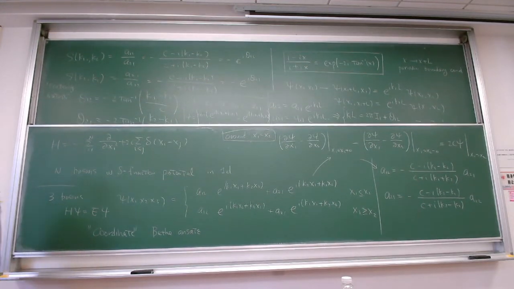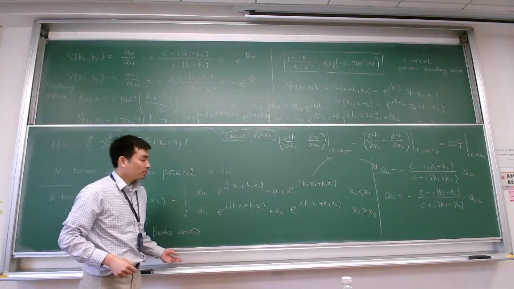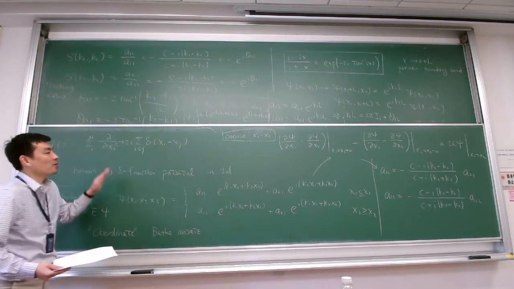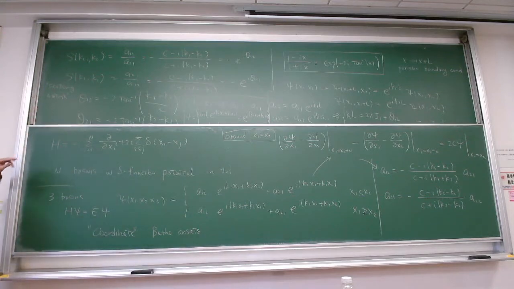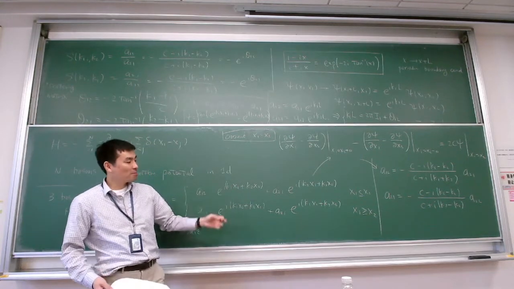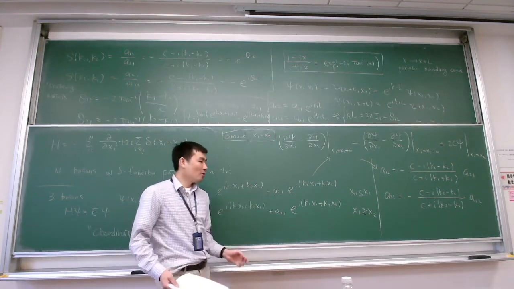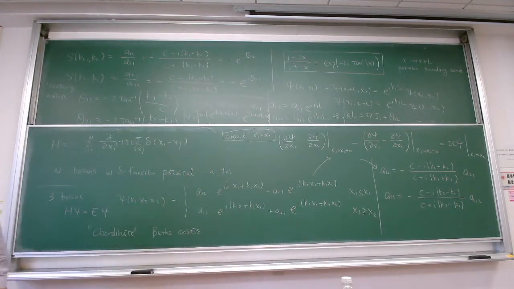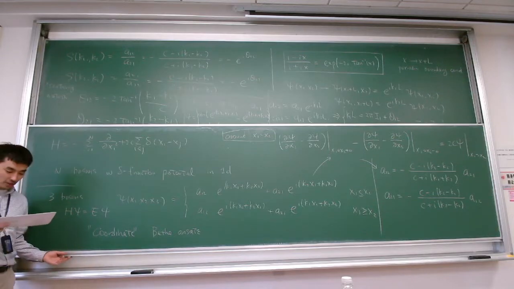Whatever you call it, it's just a ratio between the two probabilities: particle 1 has k1 momentum and particle 2 has k2 momentum, or the opposite. The ratio between them can just be called the scattering matrix.